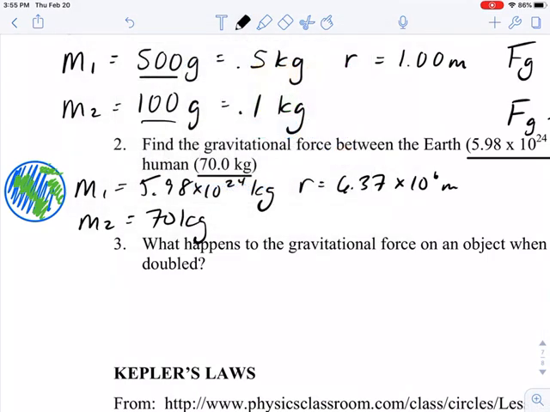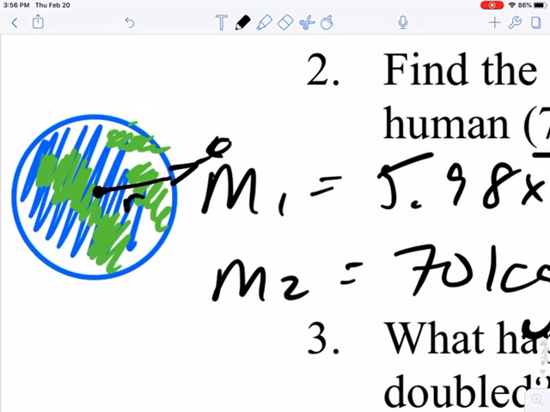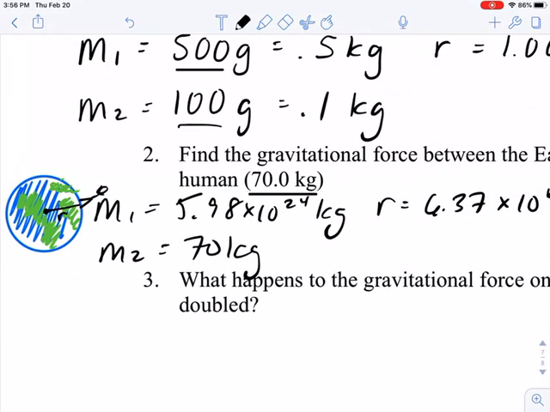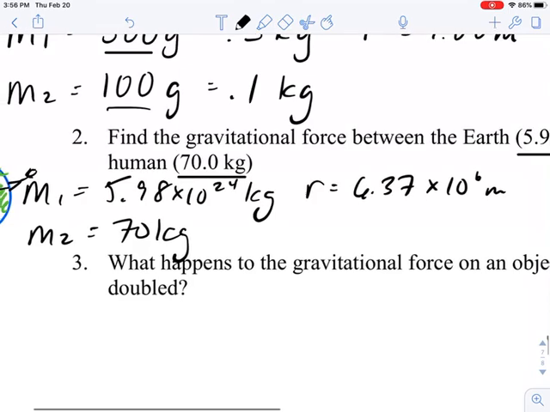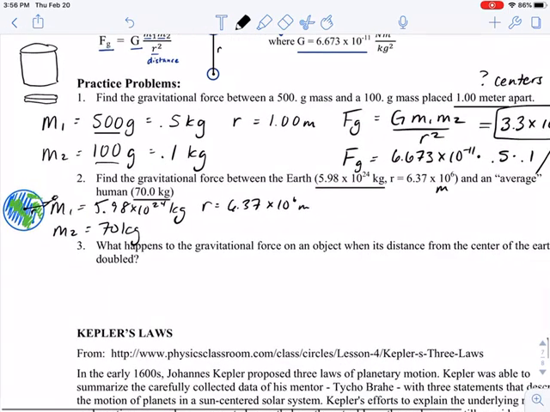So the person is standing on the surface of the Earth. This is not to scale, right? But their distance to the center of the Earth is essentially the same as the radius of the Earth. We are not taking into account their height because compared to the radius of the Earth, that is just a tiny, tiny amount.